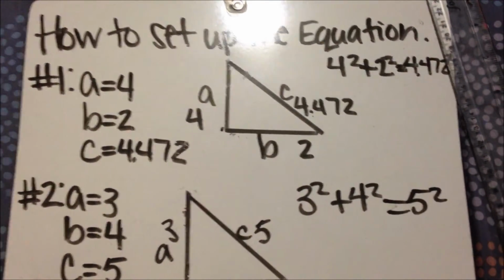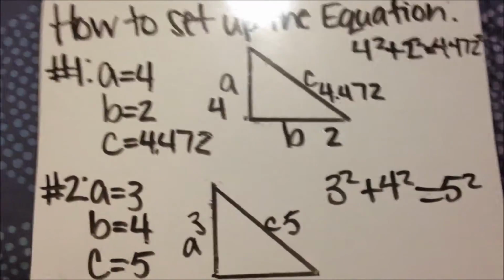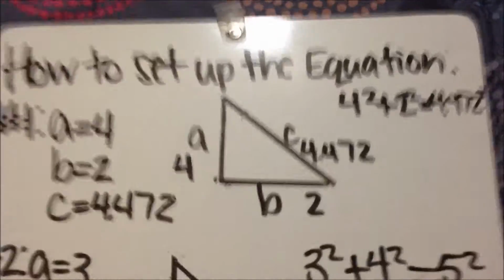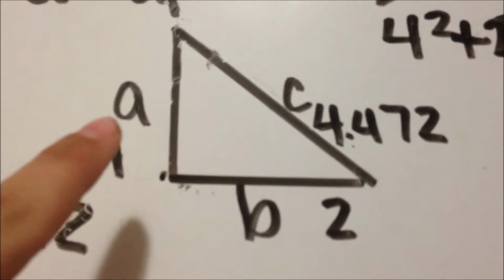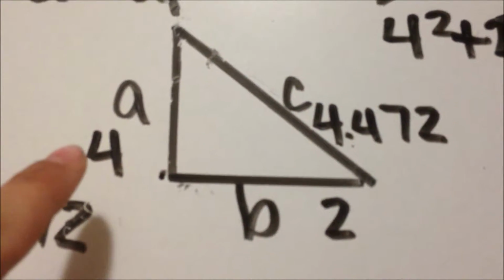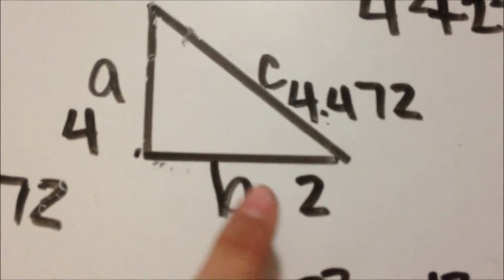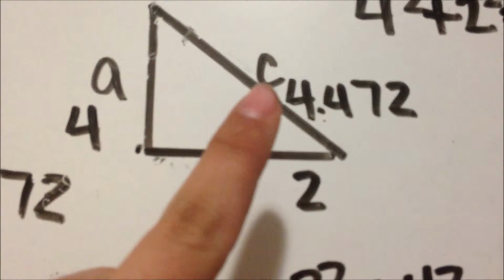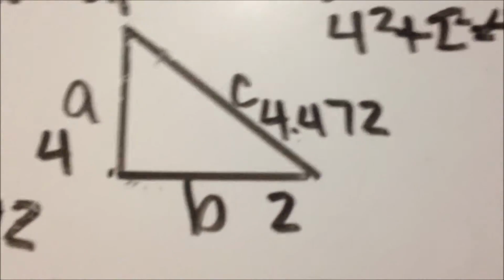Now that you've had time to work on the questions, your paper should look like mine. You should have a triangle drawn. One of the legs should be labeled A with the measurement 4. The next one should be labeled B with the measurement 2. And the hypotenuse should be labeled C with a measurement 4.472.